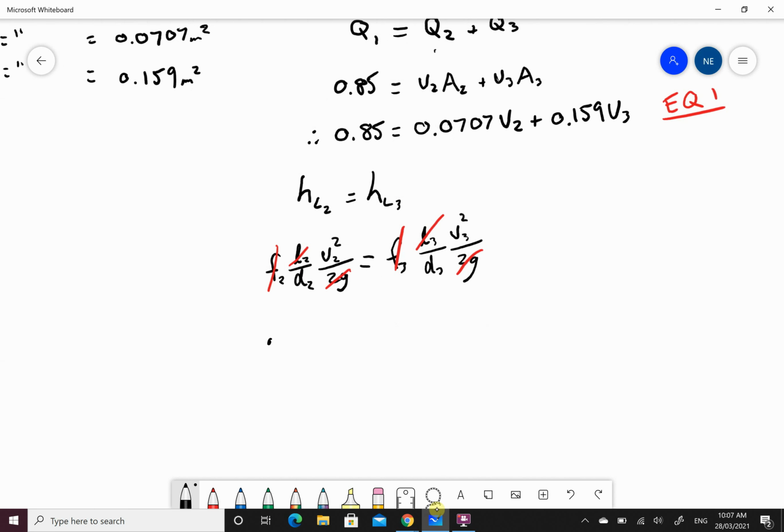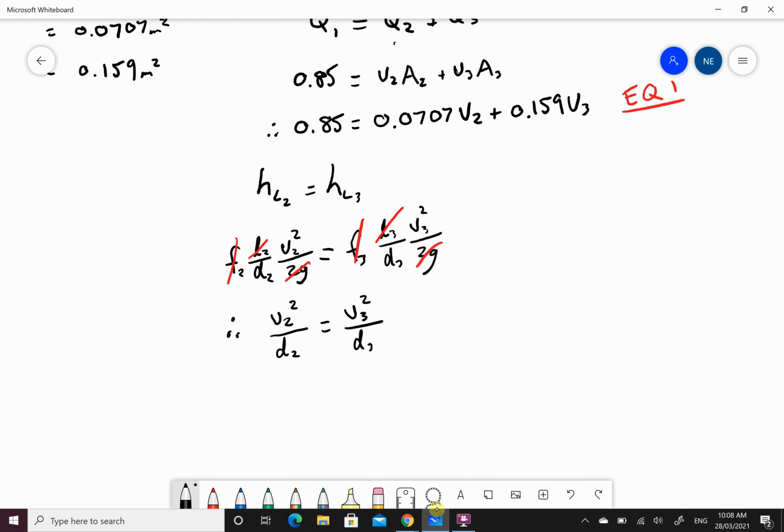So what I'm left with is V2 squared all over D2 is equal to V3 squared all over the diameter of pipe 3.